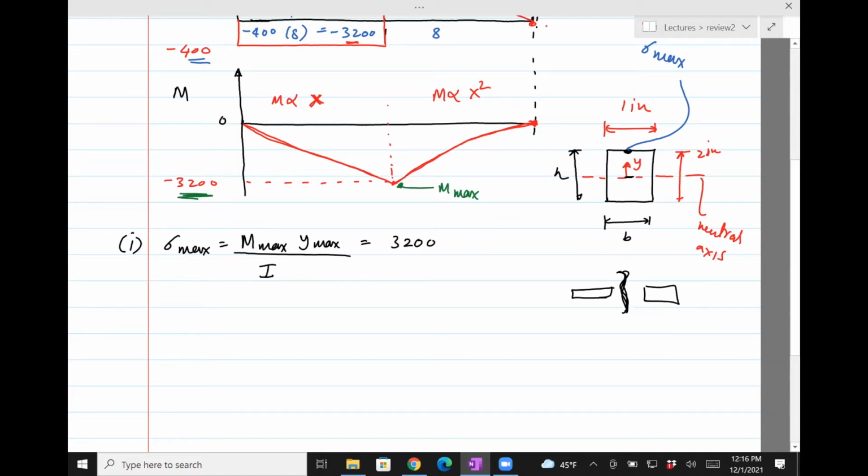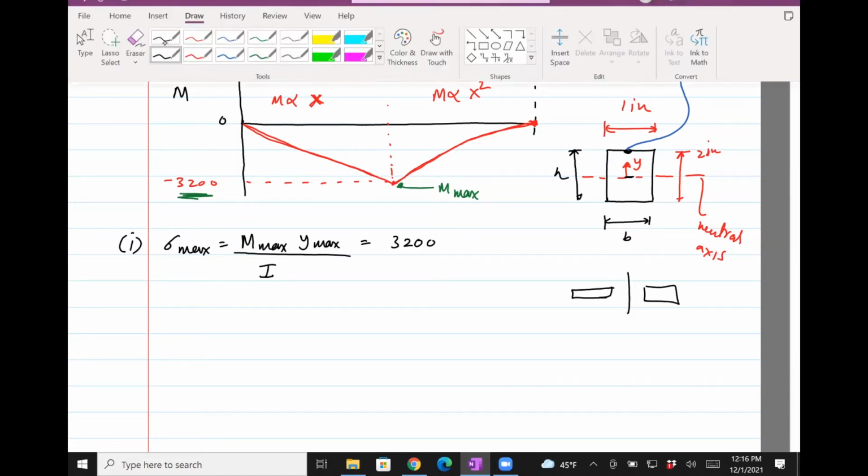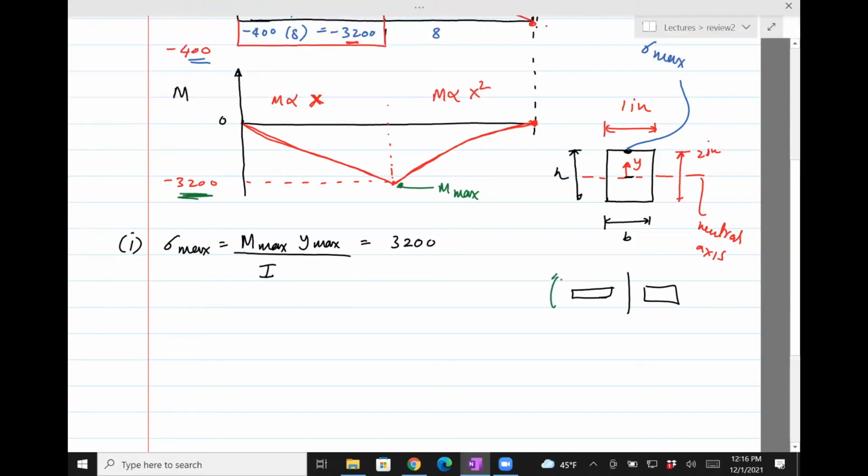So this is dividing the left from the right. M is positive this way.